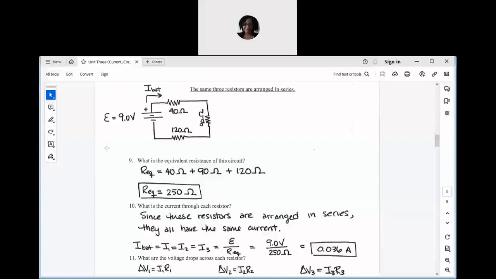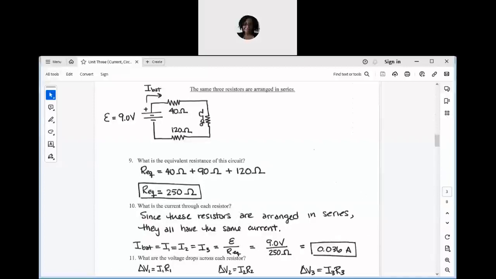That's another way of saying that this 9-volt battery is going to produce a different amount of current depending on whether it's powering these 3 resistors in series versus the same 3 resistors in parallel, as we saw in the previous set of questions. For series resistors, the equivalent resistance is literally just the sum. So if I had a 250 ohm resistor, I could connect it to this 9-volt battery, and it would produce exactly the same amount of current as what we have in our actual circuit.